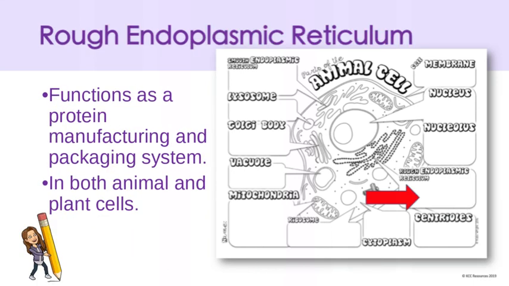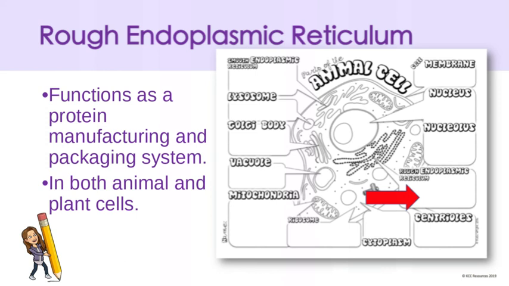Then we have the rough endoplasmic reticulum, which is fun to say. Sometimes it's abbreviated ER or rough ER, just so they don't have to say endoplasmic reticulum, but it's fun to say. But the endoplasmic reticulum, its function is a protein manufacturing and packaging system.